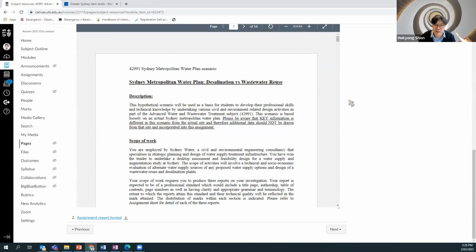They are all connected from this scenario. So if you see this one, Sydney Metropolitan Water Plant, desalination versus wastewater reuse, your assessment 1 is the stakeholder engagement. So you need to engage your stakeholder, also community.